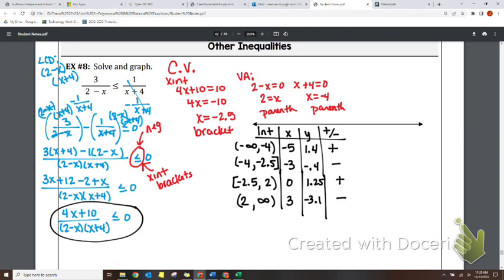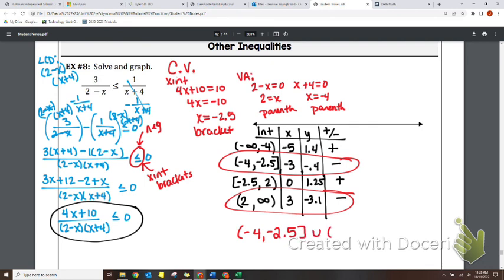And so, looking back, we said we were looking for less than or equal to 0, which is where it's negative. And so we have here and here. So negative 4 with a parenthesis to negative 2.5 with a bracket, union 2 with a parenthesis to infinity with a parenthesis. And there is our solution.